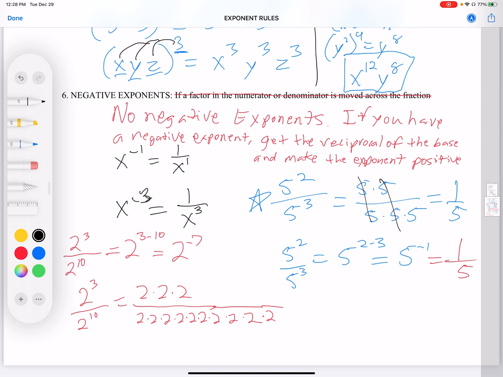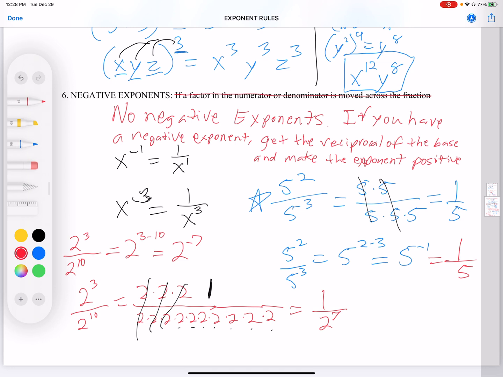Again, 2 over 2 gives me 1, three times, which means my numerator is 1, and I've got 7 2's left, so my answer is 1 over 2 to the 7th power.